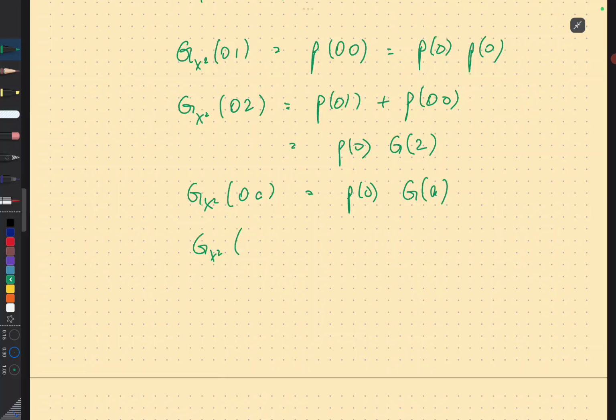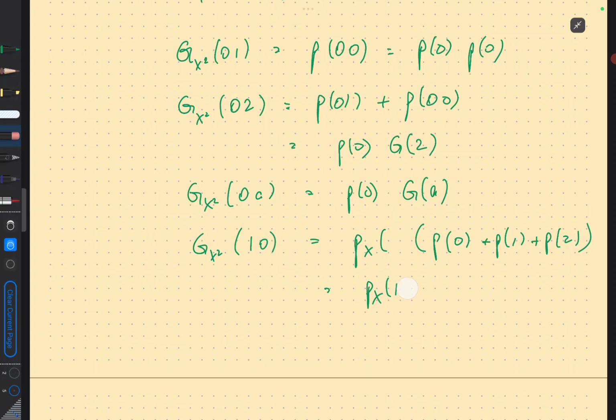What is G of 1 0? It's equal to exactly P of 1 times the summation over all a less than 0, which is P of 0 plus P of 1 plus P of 2, which is just P of 0.